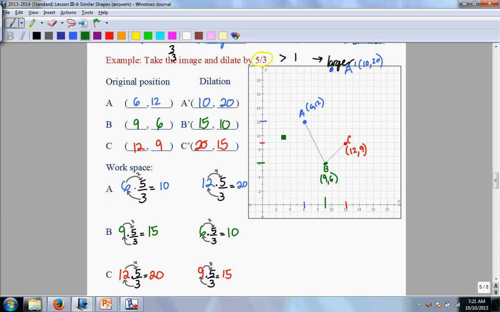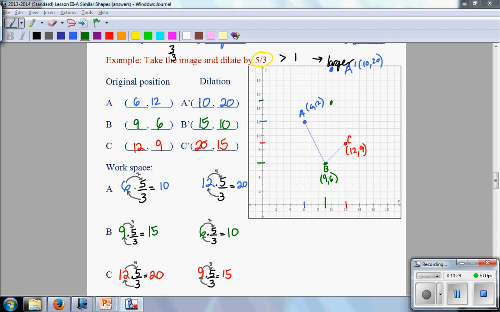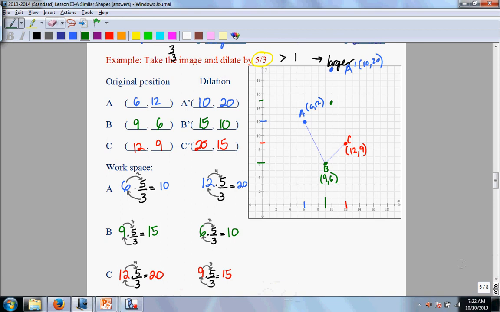B is going to be 15 and 10, so there's 10 again. And now I find 15, which is right between. So it's 15 and 10.